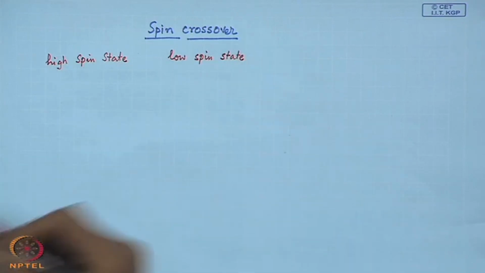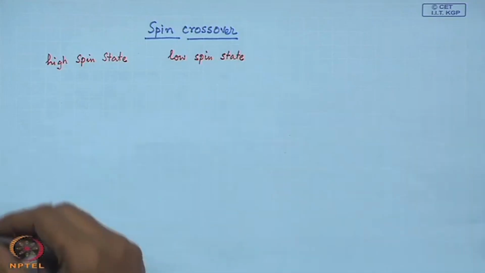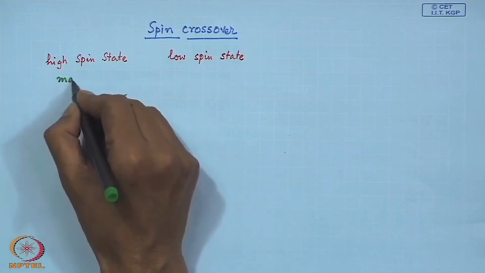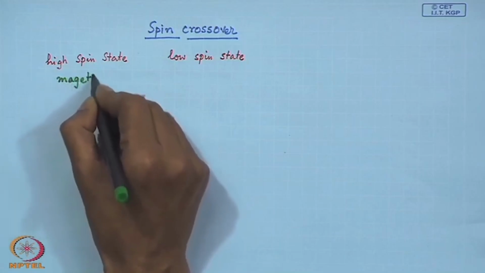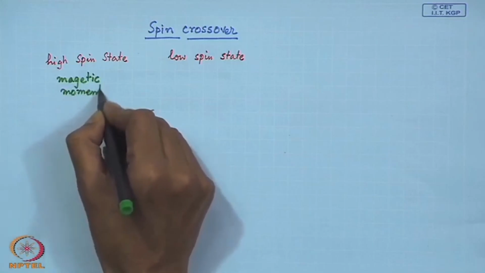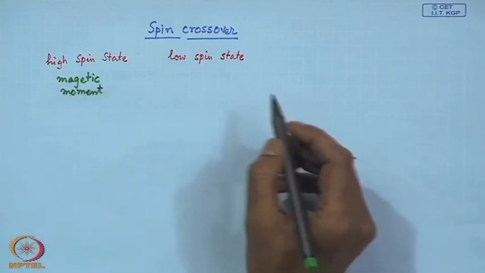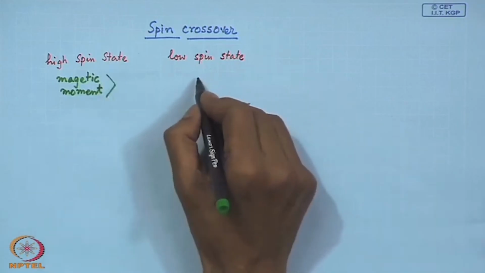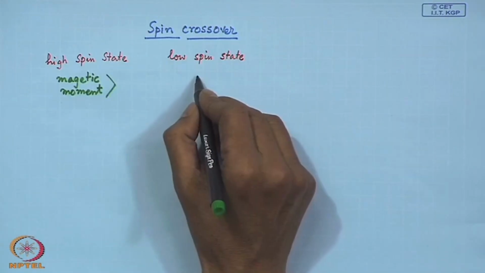So if we try to find out the corresponding magnetic moment, we will see that in this particular case the magnetic moment would be different compared to the low spin state.